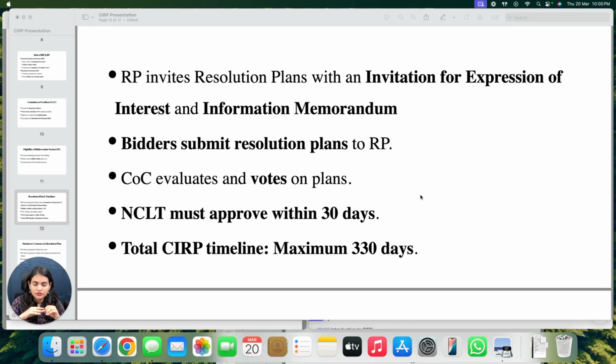Ordinarily during the CIRP period, even after the moratorium is imposed, any licensing held by the corporate debtor will continue to be valid as long as any amounts due for that licensing are not defaulted.